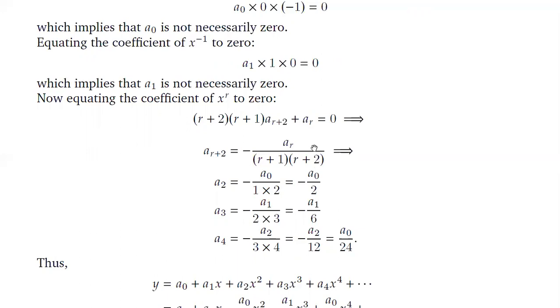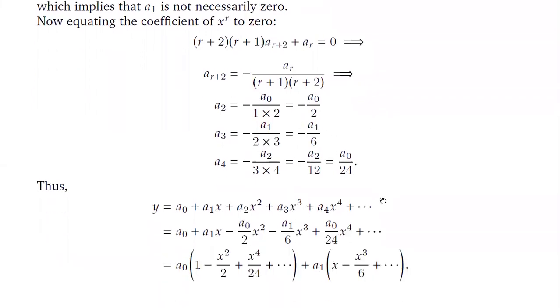To get the value of a2 from this, we put r equal to 0. You will immediately get the value of a2 as minus a0 by 2. Now to find the value of a3, put r equal to 1. You will get the value of a3 as minus a1 by 6. So you can see that a2 is in terms of a0, and a3 is in terms of a1.